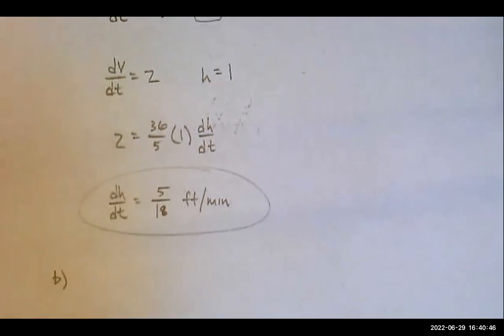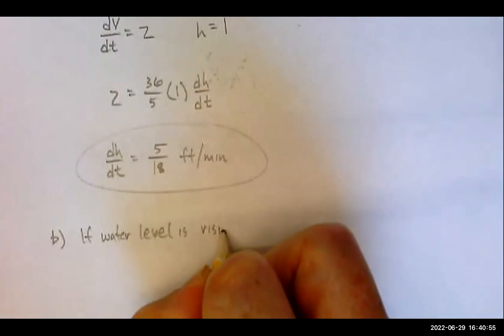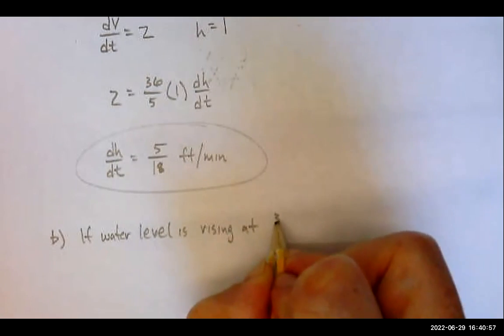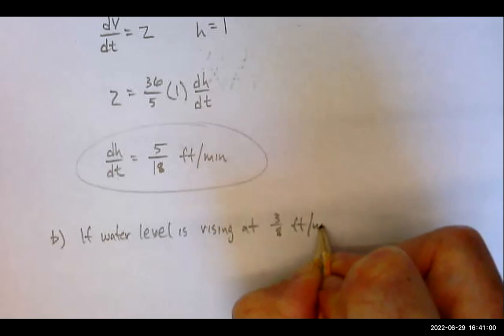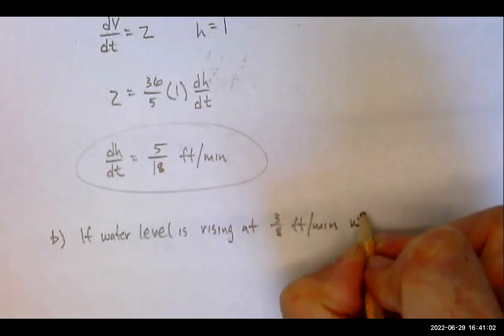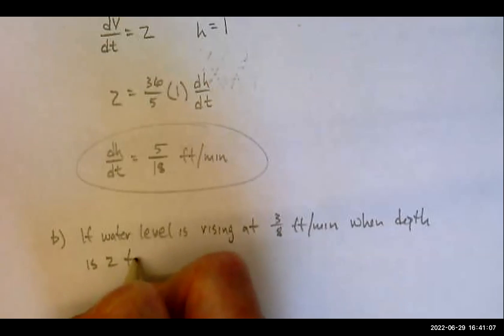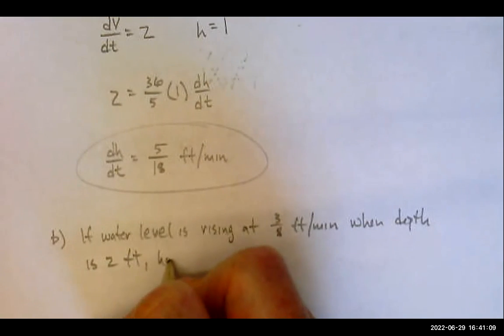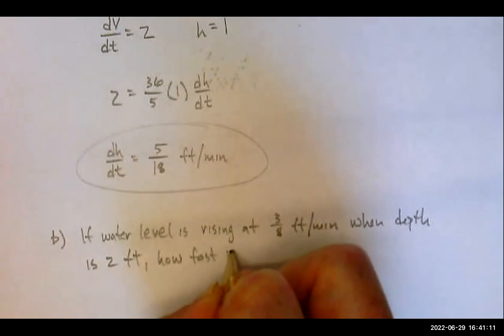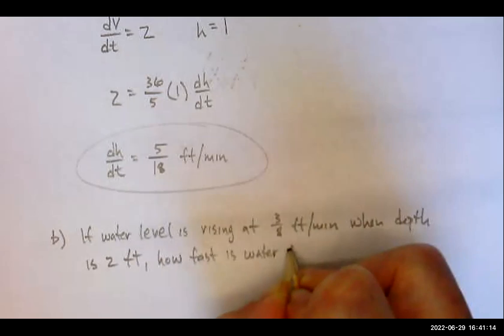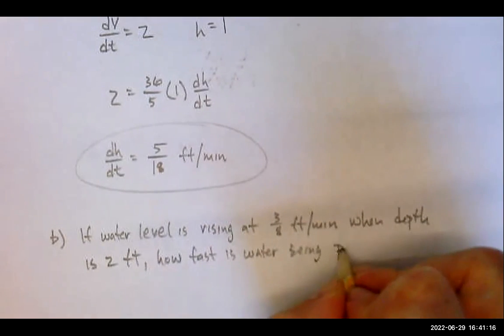Very cool. All right, part B. What was part B? If water level is rising at 3/8 feet per minute, when depth is 2 feet, how fast is water being pumped in?